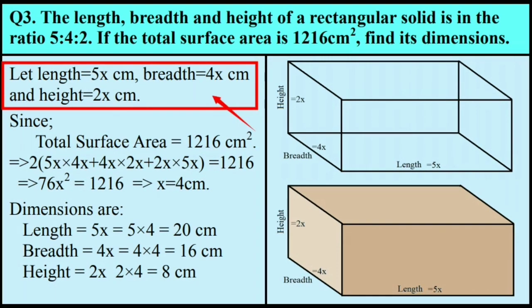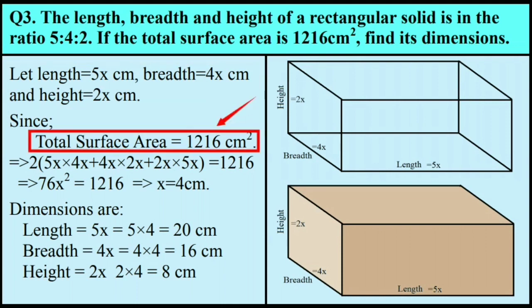Since the length, breadth and height of the cuboid are in the ratio 5 is to 4 is to 2, we assume length as 5x centimeter, breadth 4x centimeter and height 2x centimeter. Here x is the ratio factor.